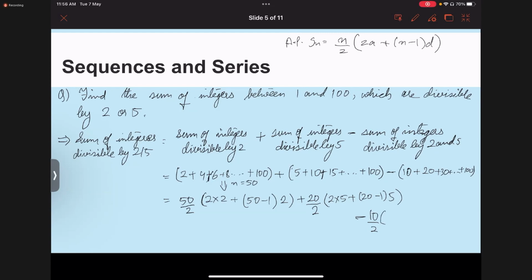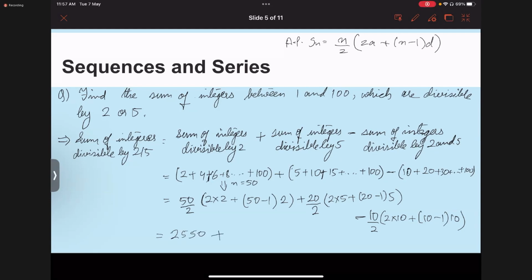So your first term is 10, so 2 into 10 plus n, which is 10, minus 1, and d is also 10. If you solve these, you get 4 plus 49 multiplied by 1. So this comes to 550.